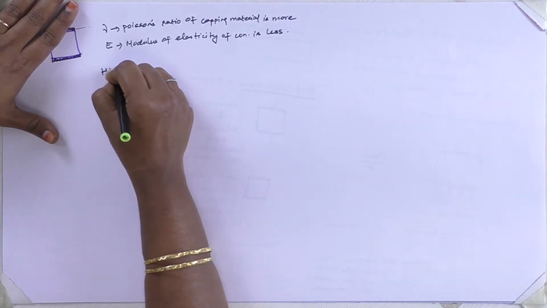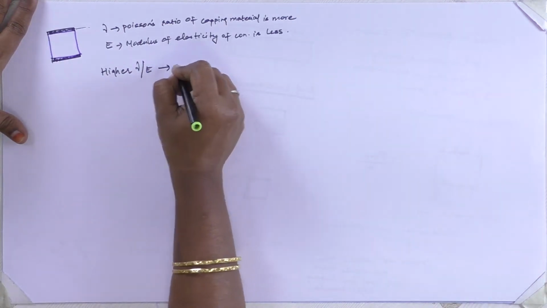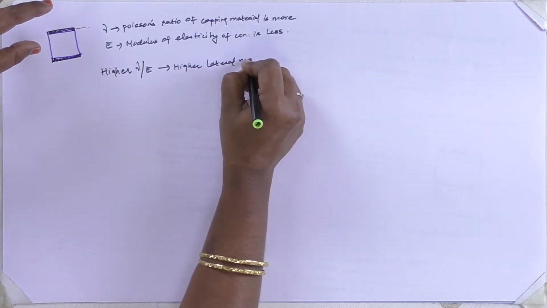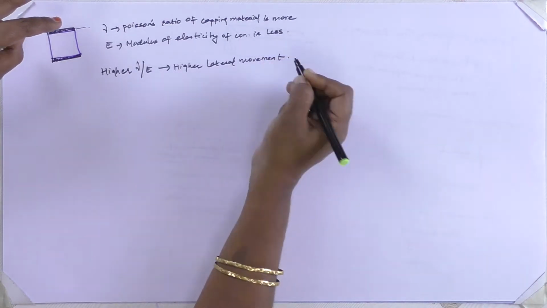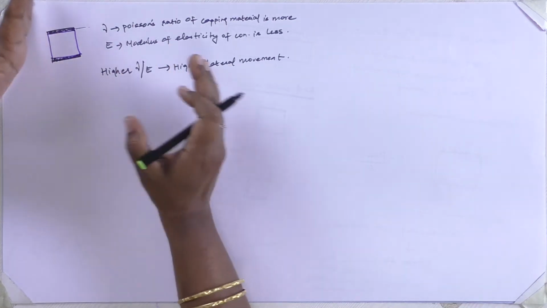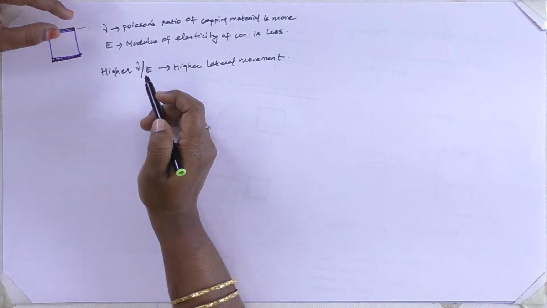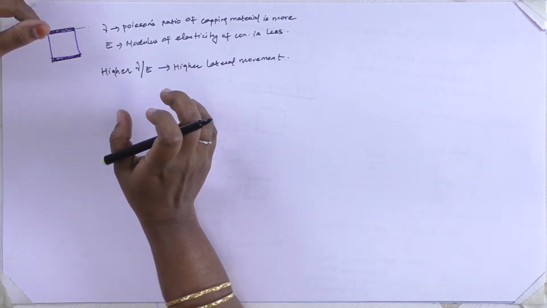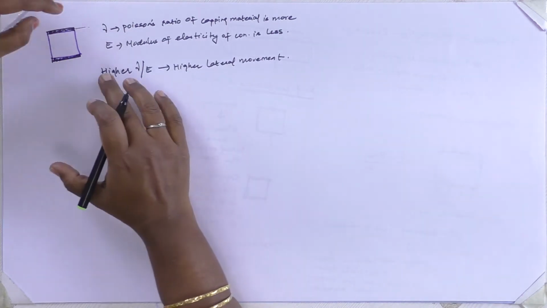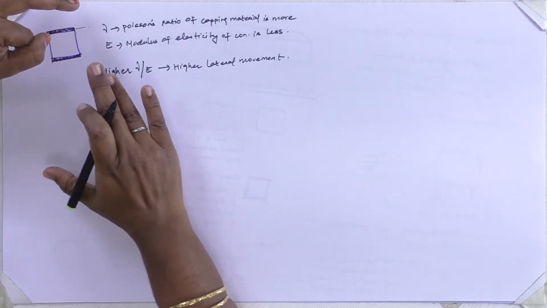If we have higher mu by E, then it results in higher lateral movement. That is, the soft materials will tend to move. Soft and weaker capping materials have higher expansion when compared to strong capping materials, and that will influence the strength results.